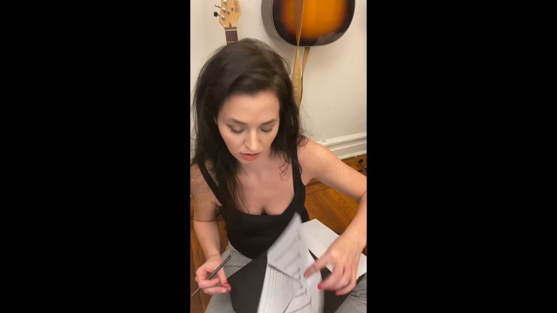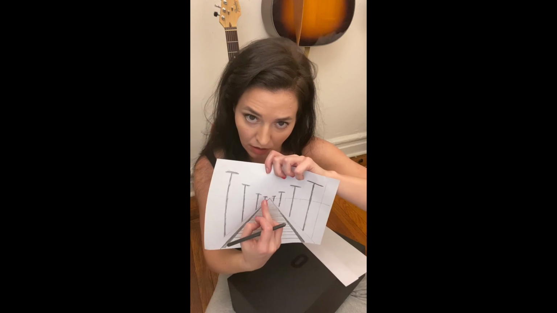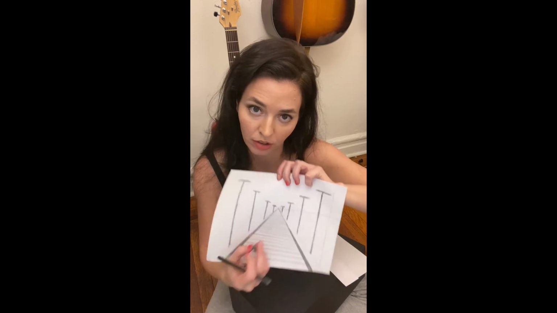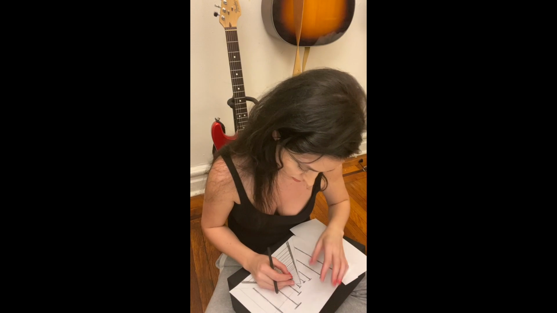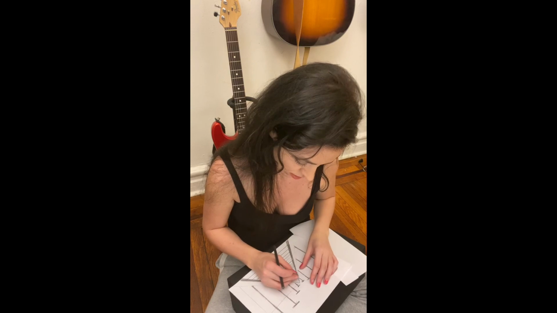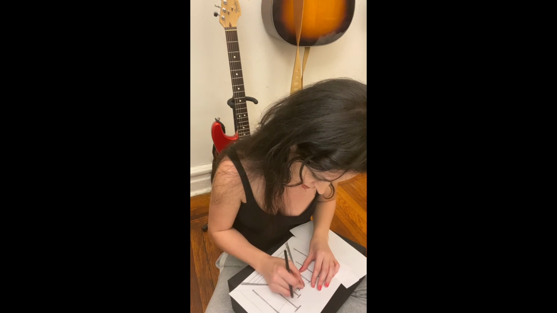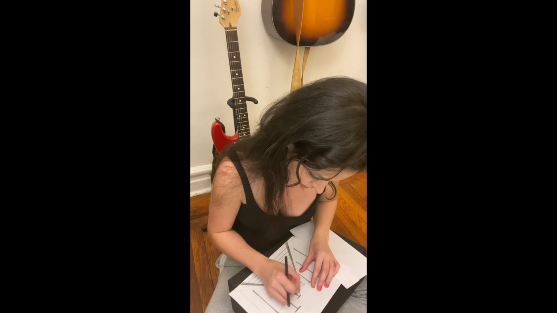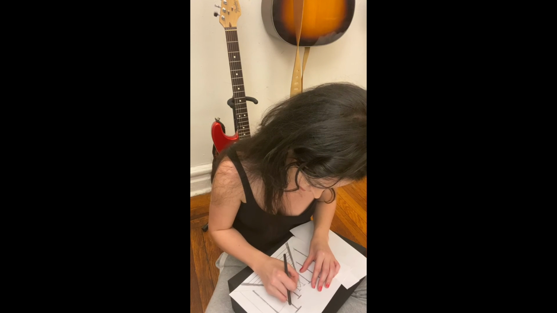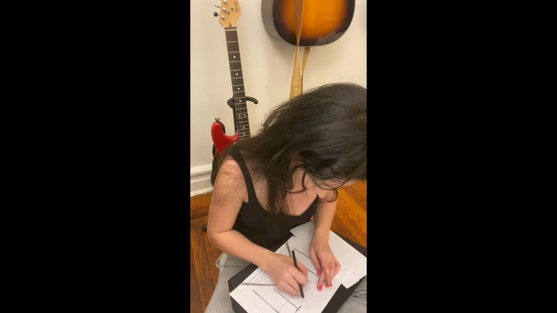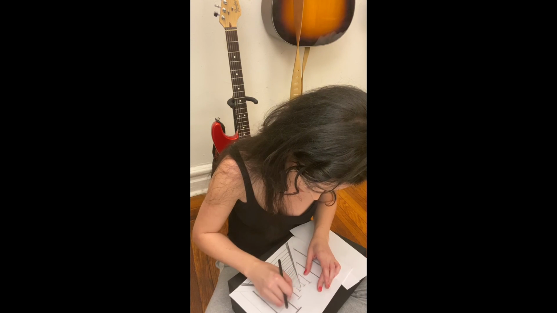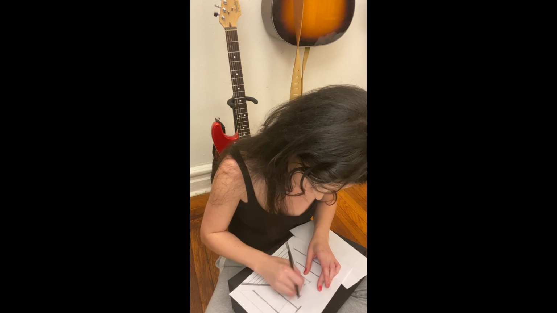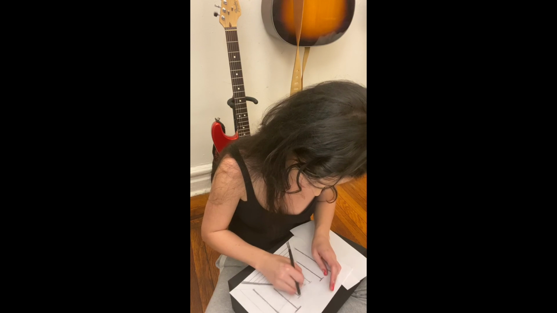I'm gonna make the farther away poles not quite so dark, not quite so distinct. So I'm going to use the kneaded eraser to make it a little bit lighter in color, a little bit less distinct.